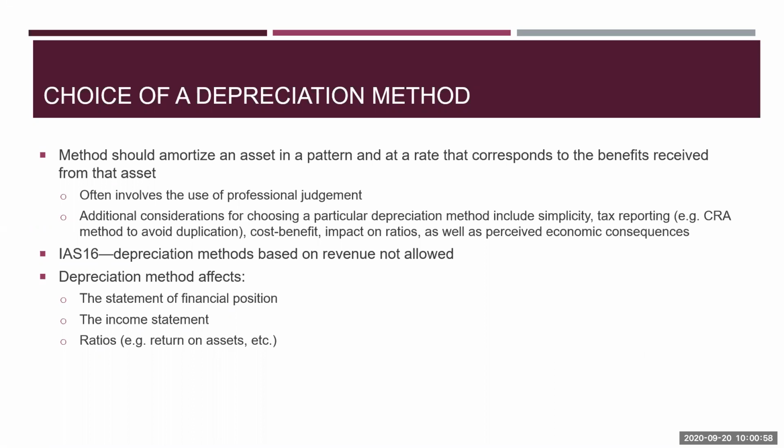So we are trying to match this. So the matching principle, which is matching your expenses to your revenues, we want to match this as closely as we can. So we have to tie our choice of depreciation method with the actual usage of the asset, which actually ties into how it's helping you generate revenue. Now, the choice of the depreciation method is going to affect your financial statements, your statement of financial position, your income statement, as well as your ratios.